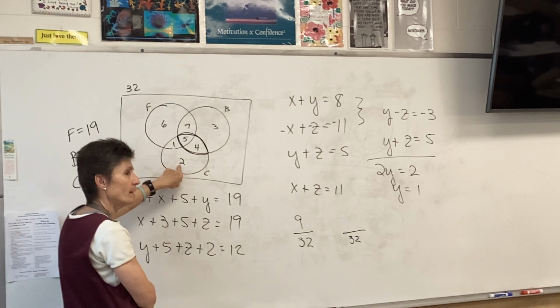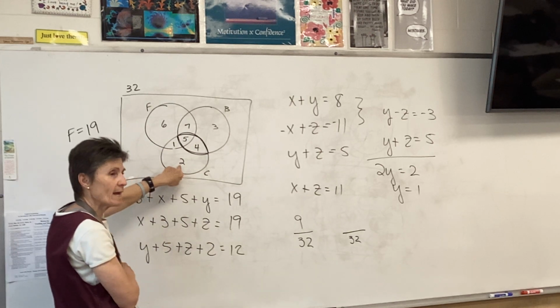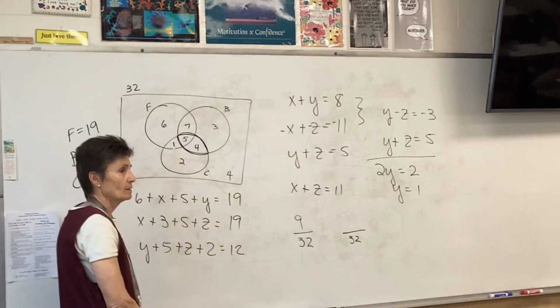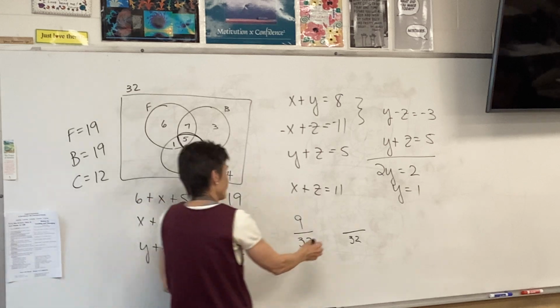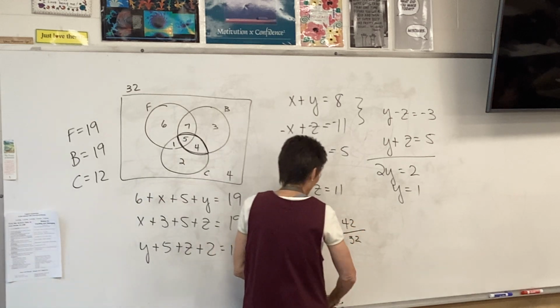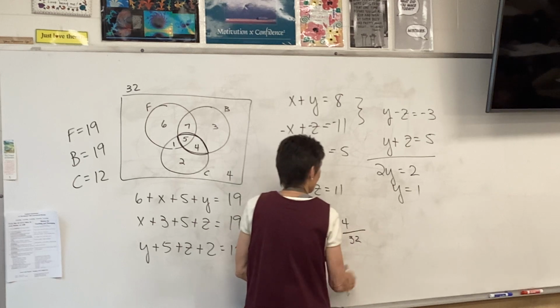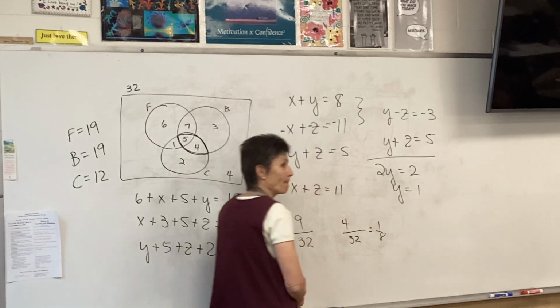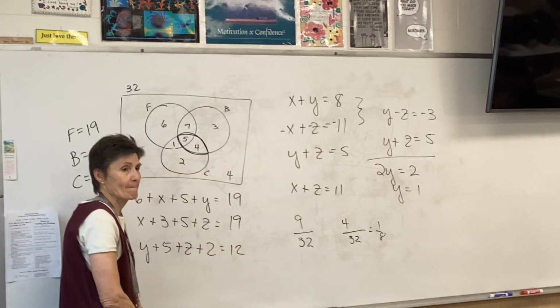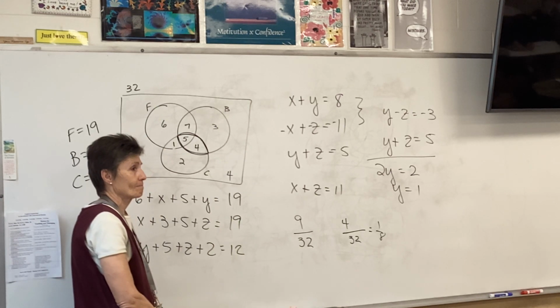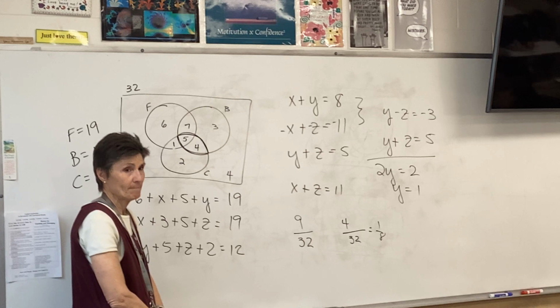Is that right? So if there's 28 in the circle, that means there's 4 out here. So 4 over 32, which we will reduce to 1/8. Everybody still with me, okay?